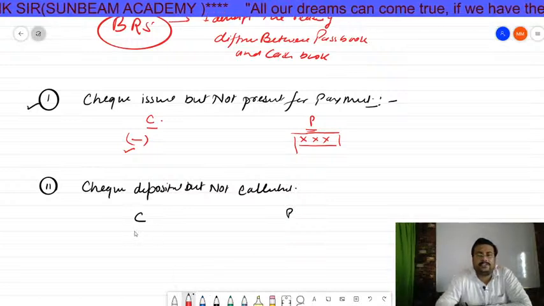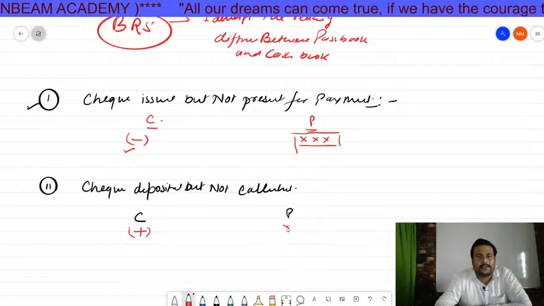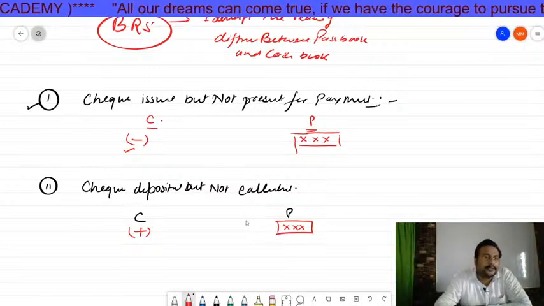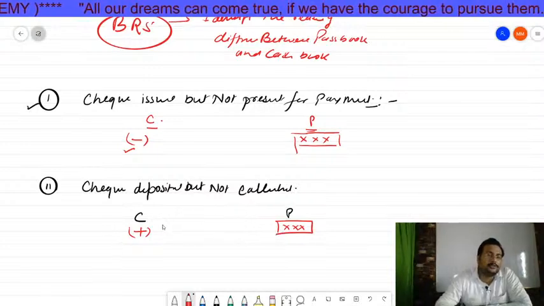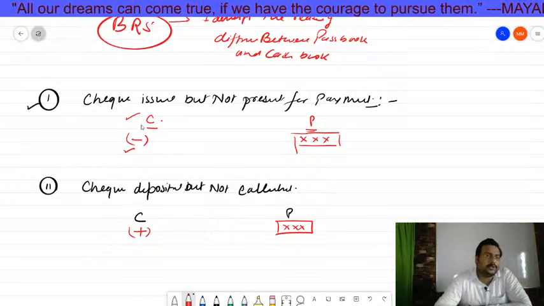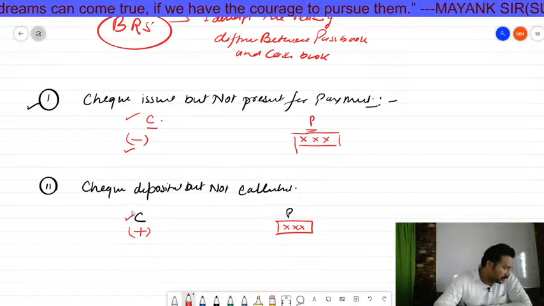When we deposit the check, we increase our cash book, but there is no effect in the passbook because nothing is collected by the bank. So this is also a reason which makes the difference. Here cash book will show the less balance, here cash book will show the more balance. Okay.